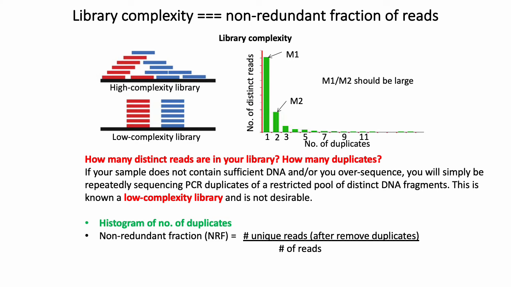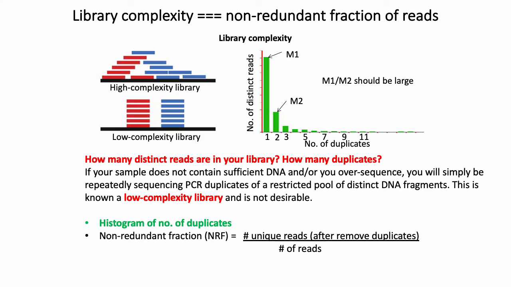So I want to briefly discuss the concept of library complexity. The idea behind library complexity is that when you sequence a library, depending on how deeply you sequence it, you can oftentimes find that there are sequences or reads that are duplicates of each other. The reason for this is that suppose, for example, that you obtained a sample and you didn't really have enough DNA to do sequencing on it.